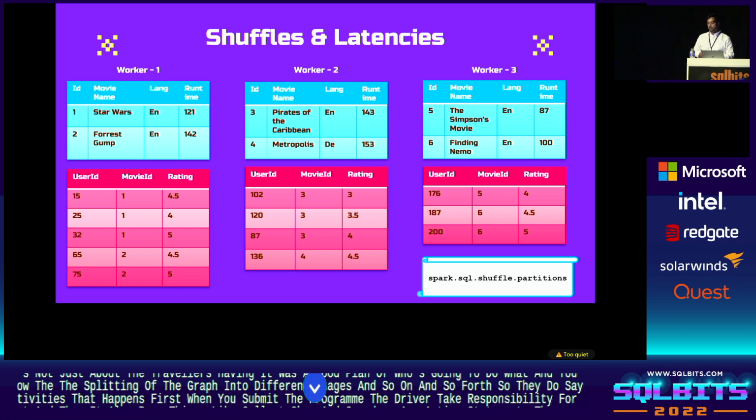By default, there is this property at the bottom, Spark SQL shuffle partitions. This is the property you can use to adjust your shuffle partitions, which basically means how many partitions participate in the reduce process.